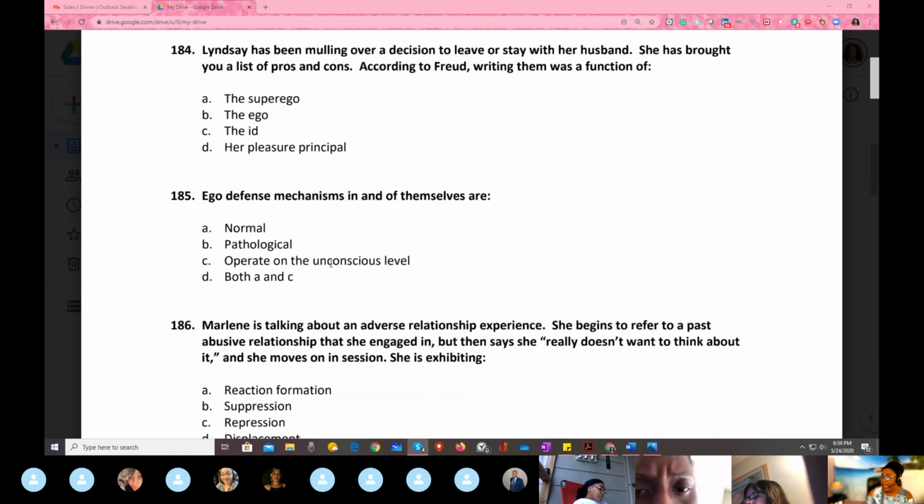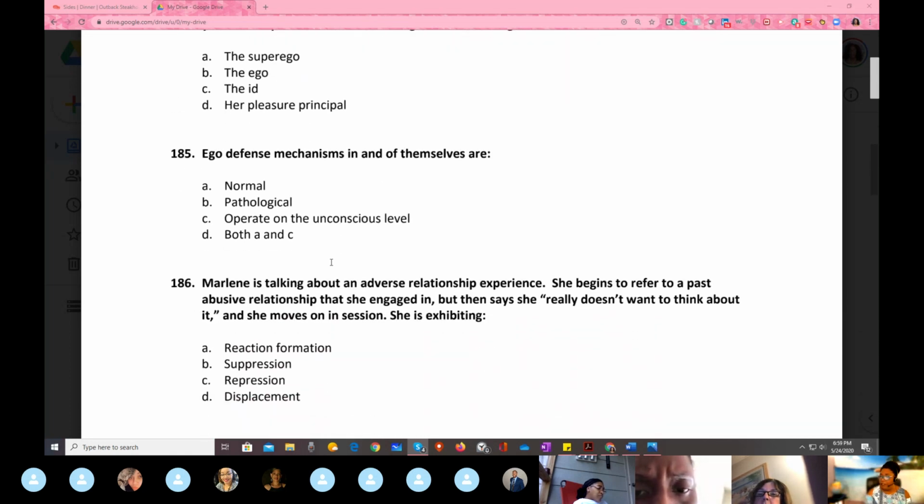Look at 185. Ego defense mechanisms in and of themselves are what? A and C. They're not pathological. Freud said that's just what happens.